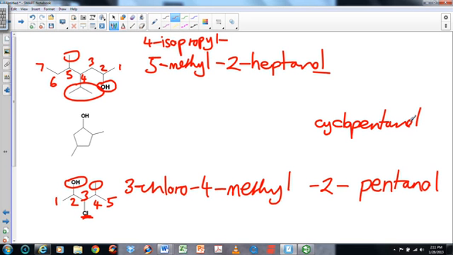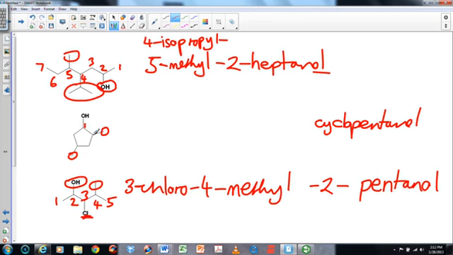Now notice what else we have coming off that carbon chain. What do we have coming off there? Well, we have two methyls. All right. And whenever we're naming things in a ring, because there's no specific start or end point, we have to know where to start counting carbons, and we always count starting at the carbon with the highest substituent, which in this case is the alcohol.